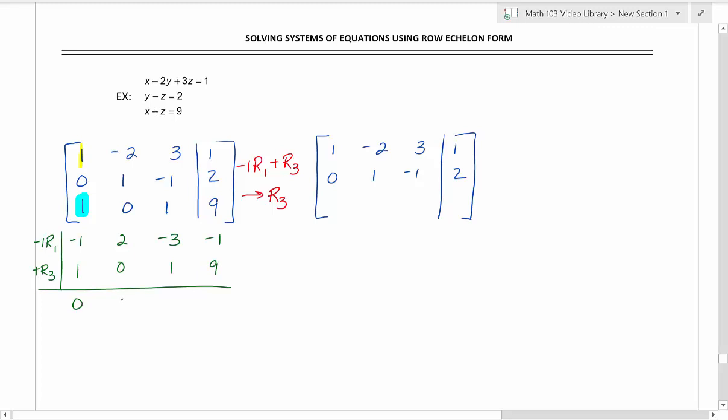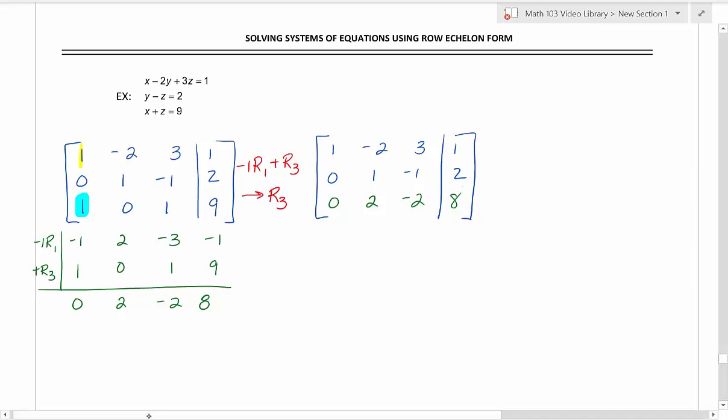We get 0, 2, -2, and 8. There's our new row 3. So our first column is taken care of so far. We have a leading 1, first row, first column, and then zeros below that.